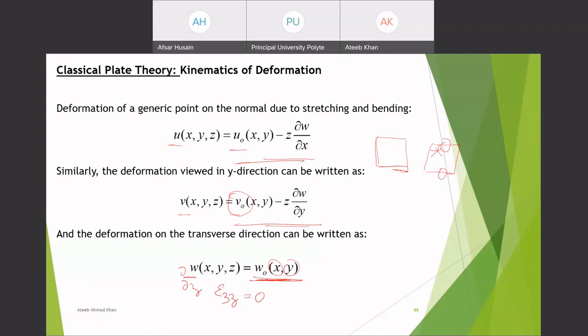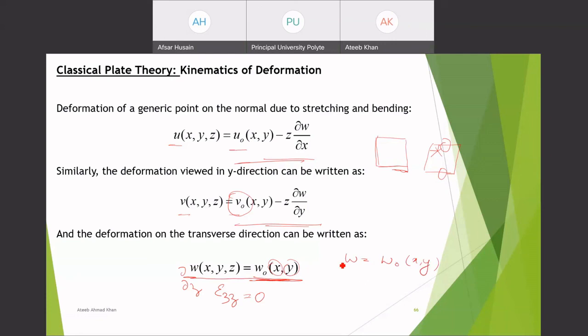Considering the first assumption, which says that the transverse normal does not experience any elongation, that means if the strains in that direction are zero, we can say that the transverse normal is not experiencing any elongation. If you consider the displacement field in z direction, w is equal to w naught, which is a function of x and y only and not a function of z.